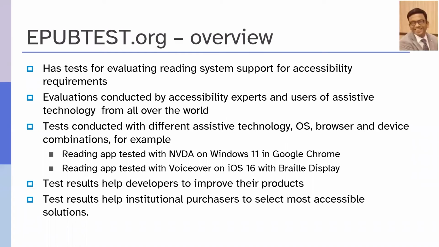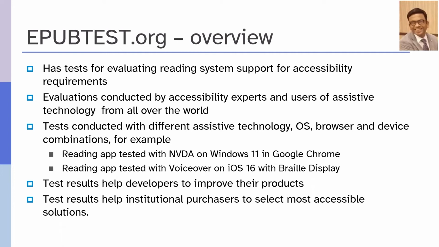The EPUB reading systems are tested with different combinations of assistive technology, operating systems, and where applicable, different browsers and hardware. For example, a reading app is tested with NVDA screen reader on Windows. The same reading system is also tested with other screen readers like JAWS on Windows.